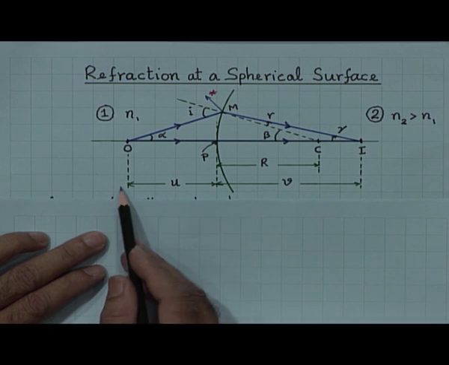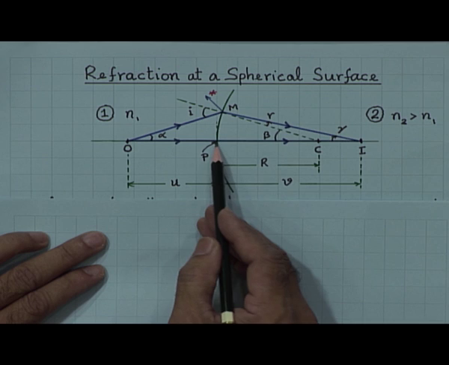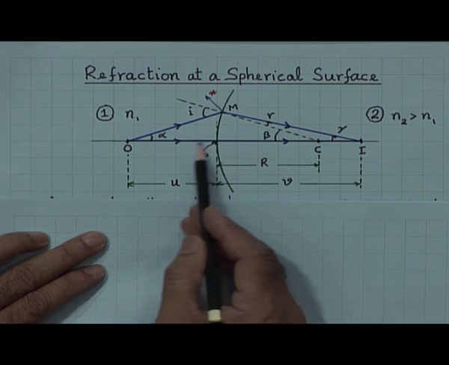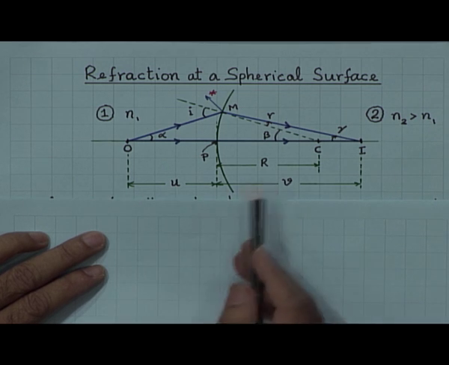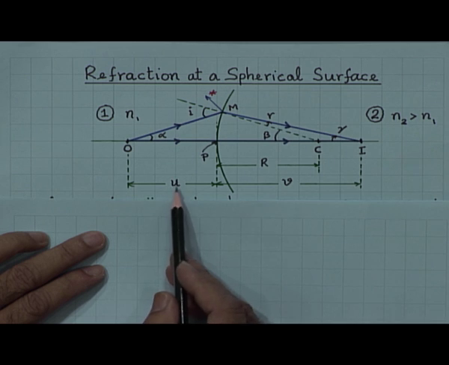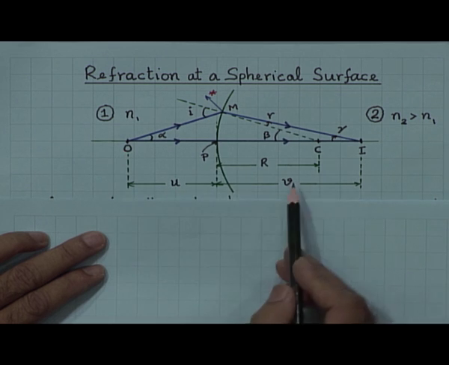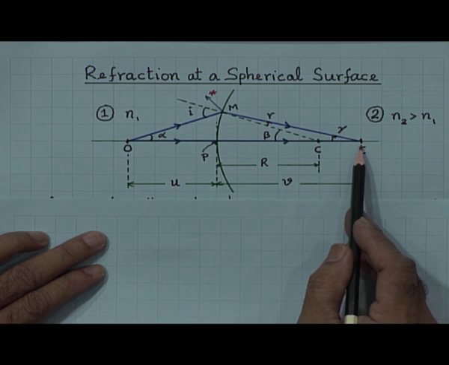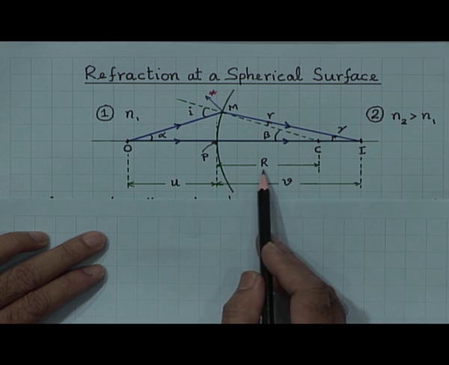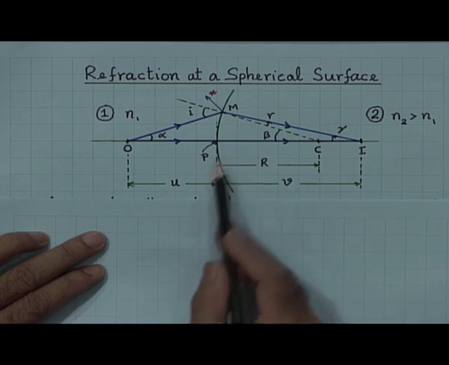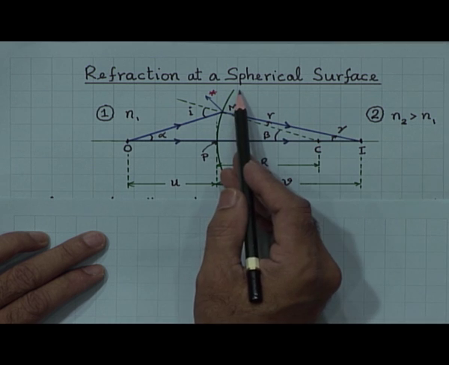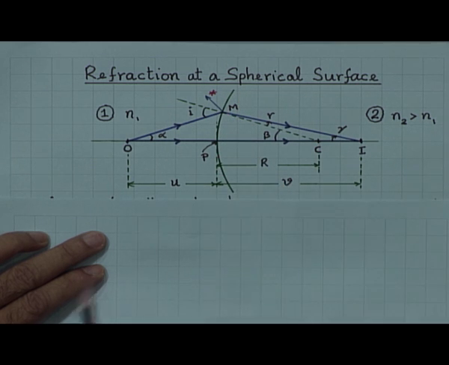This is the object distance from the surface at the point P to the object position, u. We will look at the sign convention later, but right now u refers to the object distance and v refers to the image distance, and capital R is the radius of curvature of this surface. C is the center of curvature of the spherical surface.